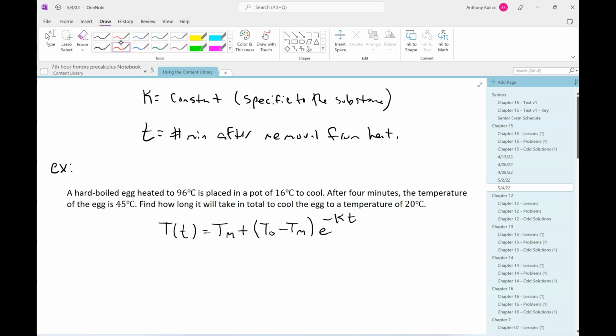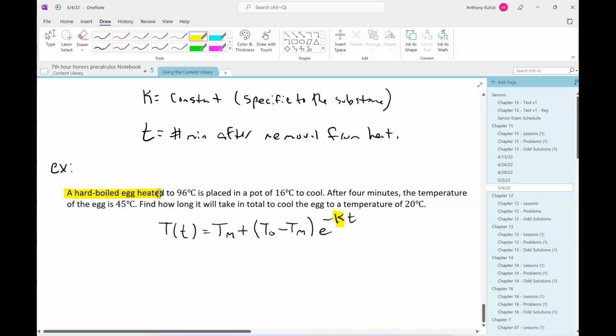Now, if I read this story problem, it gives me a whole heap of information, right? But what piece of information is definitely lacking? Lily? The K. Yeah, the K, right? So what I'm going to have to do is use the information here to solve for K. And once I have the K, then I can do the meat of the problem, right?